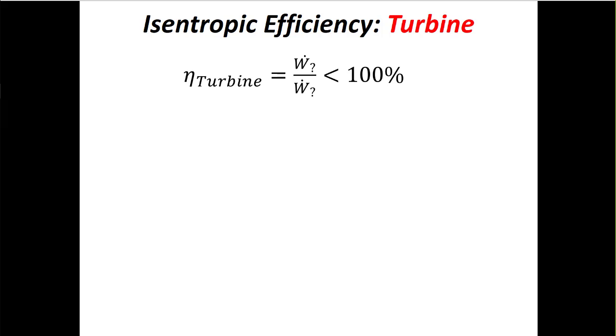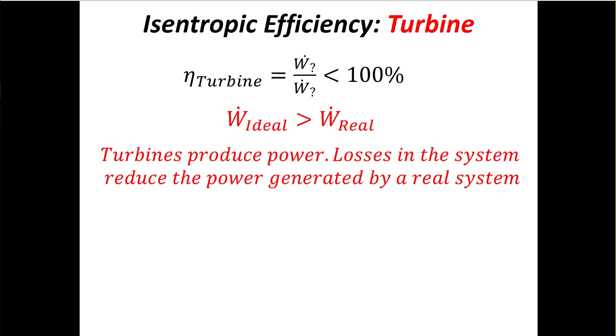And we know that the ideal turbine produces more power because it's ideal, right? The ideal power is bigger than the real power, so it's the ideal power that goes on the bottom. So if we're talking about the isentropic efficiency of a turbine, we take the real power of the turbine divided by the ideal power.